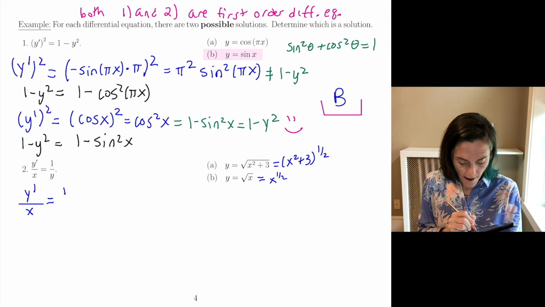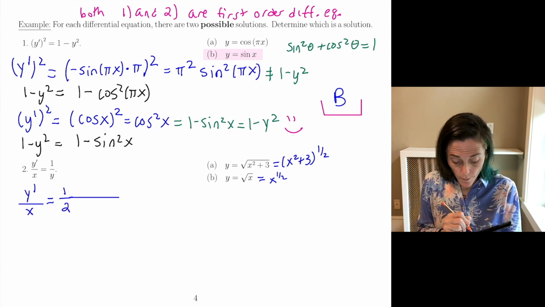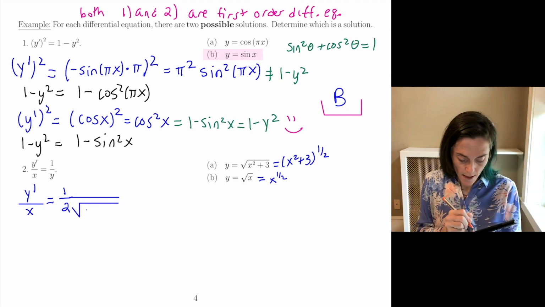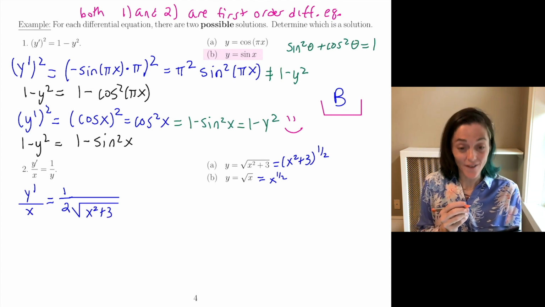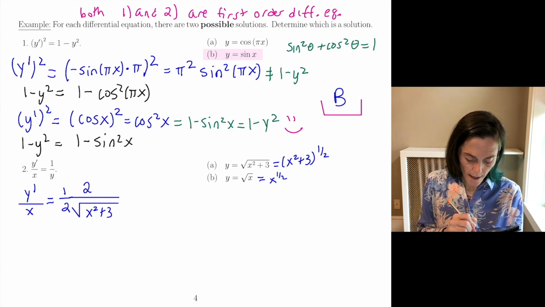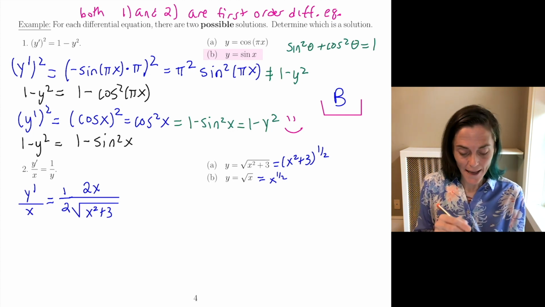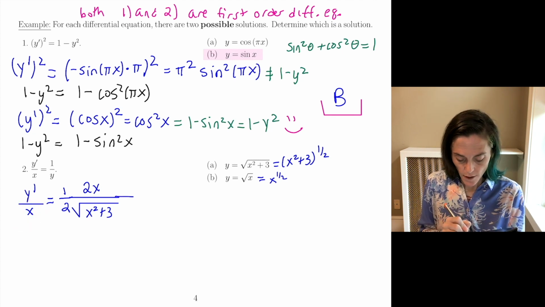So we have a 1/2. In the denominator, I have a square root, but don't forget this is chain rule. So I put in my inside function and then times derivative of the inside function, which is 2x. Well, so far that's just y prime. You see, I have this over x. So this will go down here.